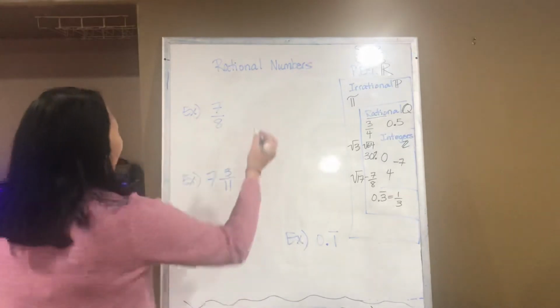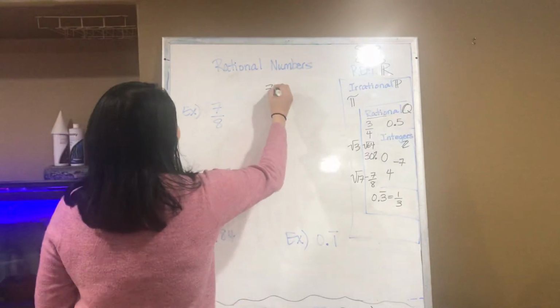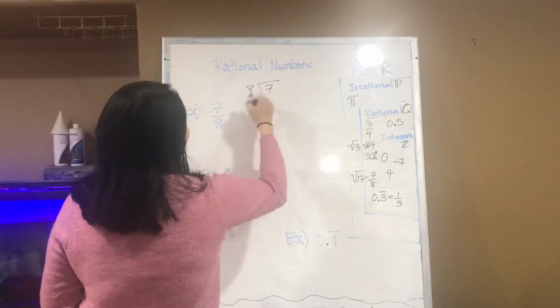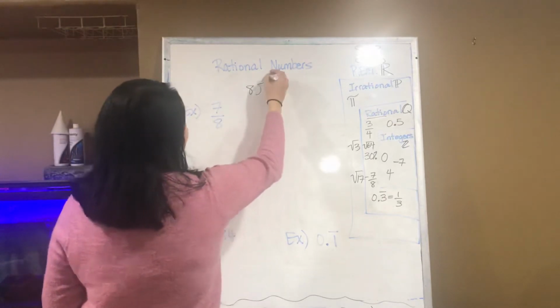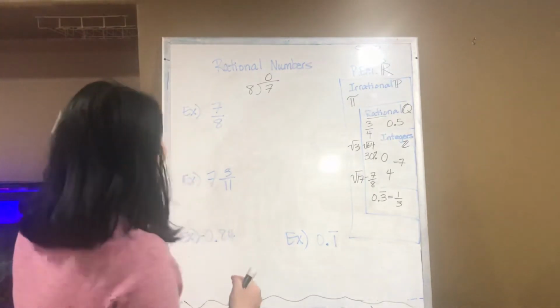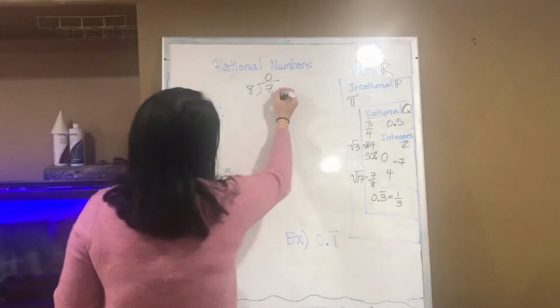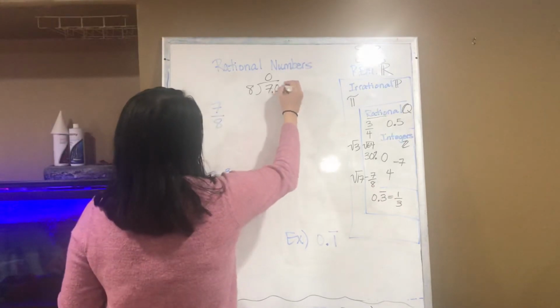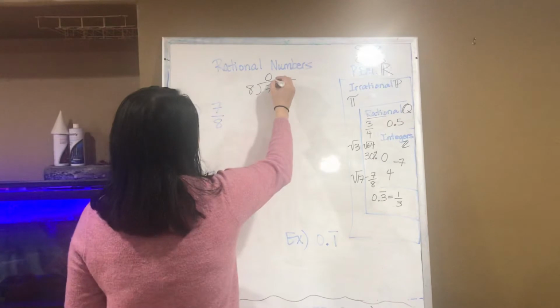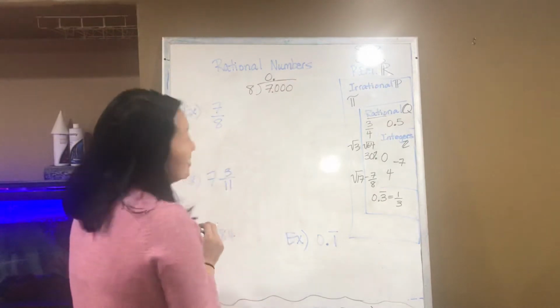So same here, I'm just going to take 7 and divide it by 8 and just do long division. Of course, 8 does not go into 7, so it's going to be 0, which makes sense because 7/8 is less than 1 whole. So I'm just going to add a decimal after the 7 and put as many zeros as I need to solve this problem and keep my decimal point in the same place value.